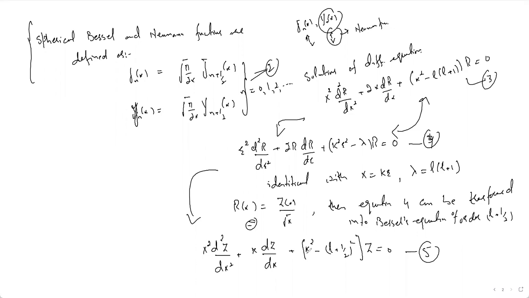Okay, so now since this is a Bessel equation of order L plus 1 by 2, earlier we used to have Bessel equations of order n or minus n. So here what could be the solution?